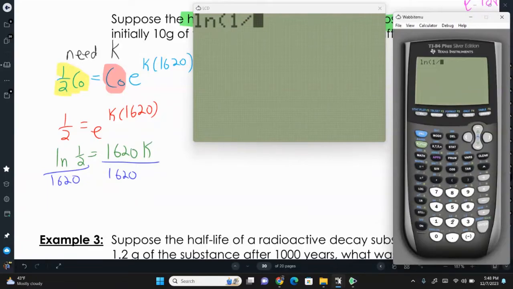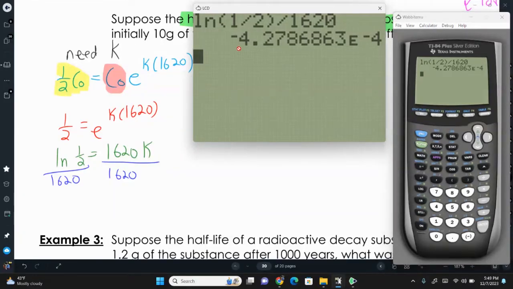So ln of 1/2, close parentheses, divided by 1,620, and we get a small number, negative 4.2786 e negative 4.